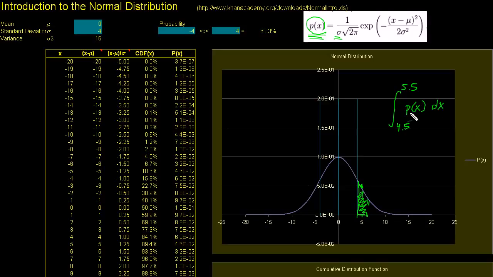Right? So that's just the area under the curve. For those of you who don't know calculus yet, I encourage you to watch that playlist. But all this is saying is the area under the curve from here to here.